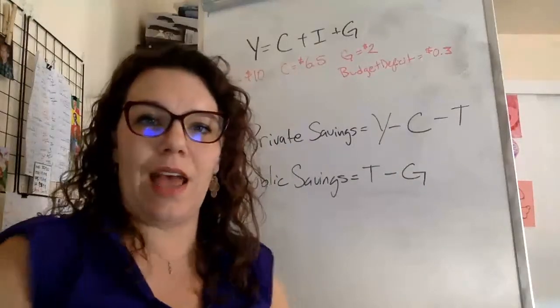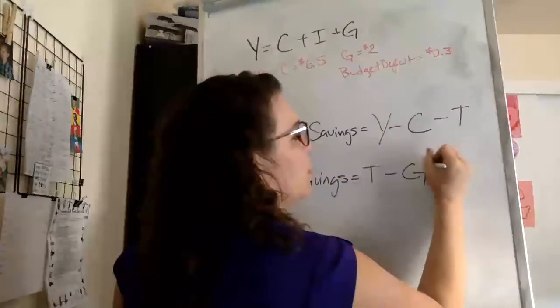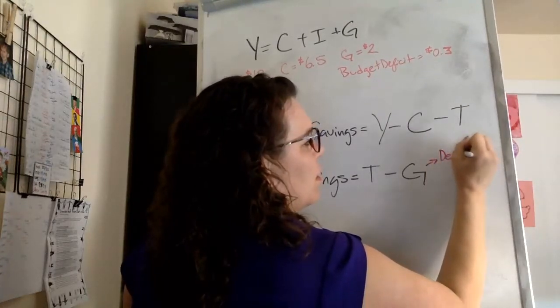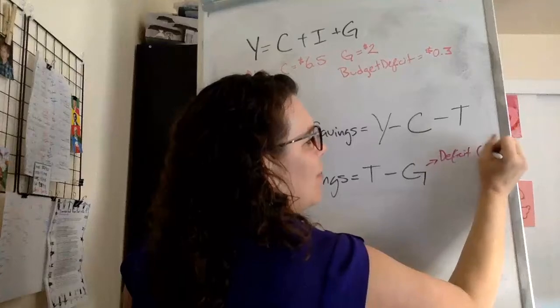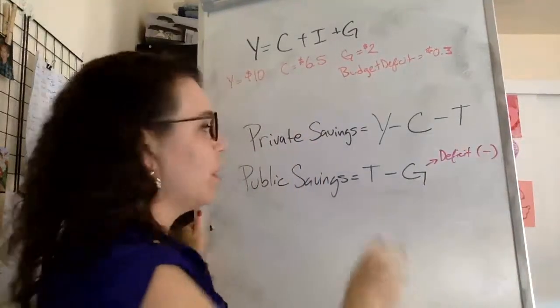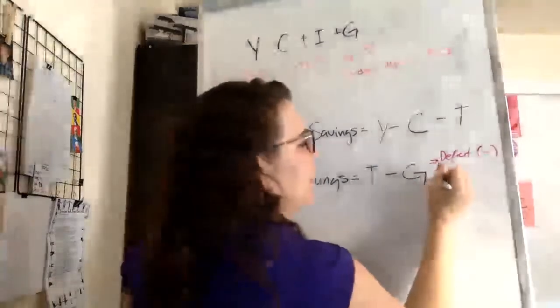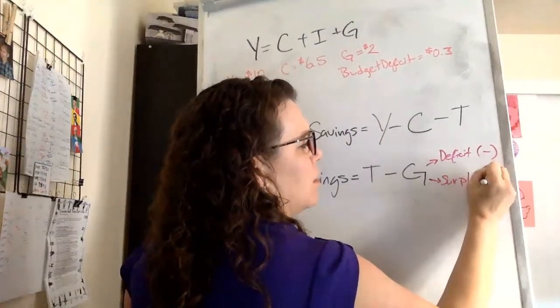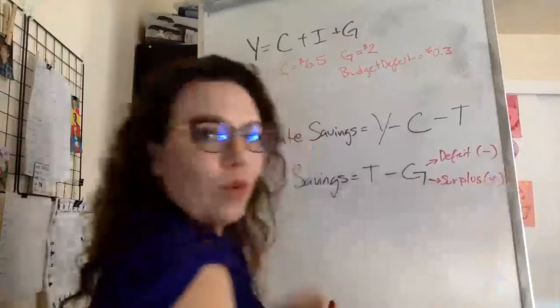The government can have either a budget deficit or a surplus. A deficit means we have a negative value for public savings, and a surplus means we have a positive value for public savings.